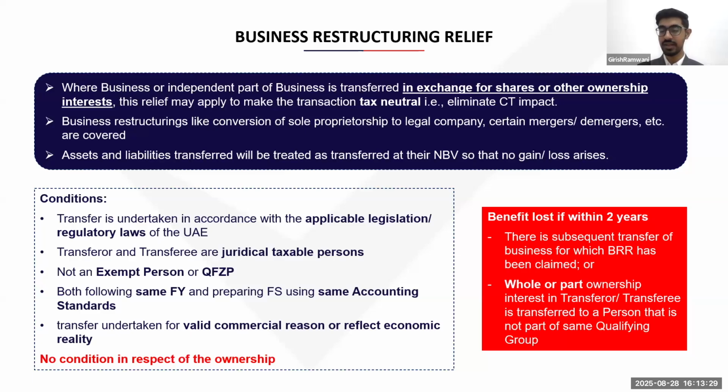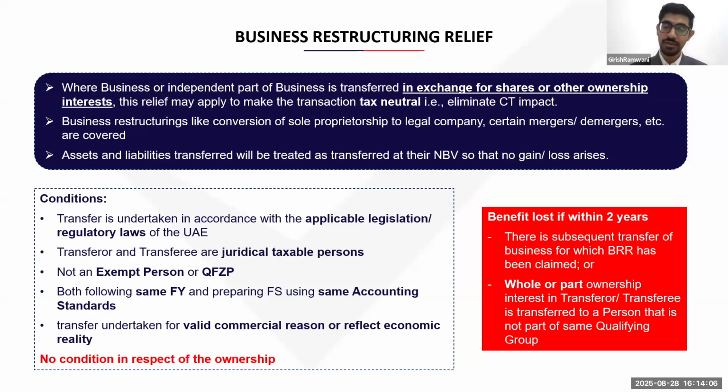Now, similarly, there are clawback provisions over here as well. That is, within 2 years of undertaking such business restructuring, if you do any of these two activities, then the relief would be lost, and whatever relief was there, you'll have to reverse it. So, if you do a subsequent transfer of the business for which the business restructuring relief was claimed, if that business has been transferred again to any other person within 2 years, or for the transferee of the business restructuring that happened, any change in shareholding happens outside the qualifying group.